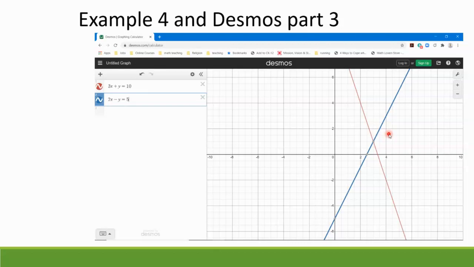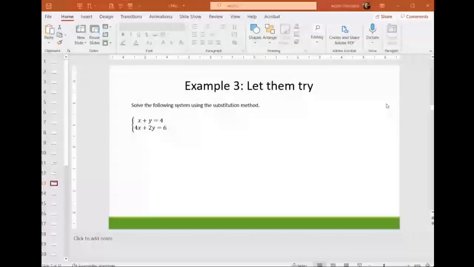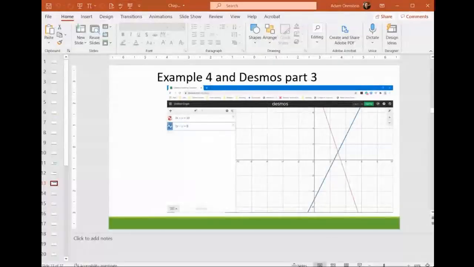Okay, all right. Let me actually go through this as well, just to illustrate it. Okay, let me get the Desmos. Oh wait, I haven't shared that. Let me share that though.